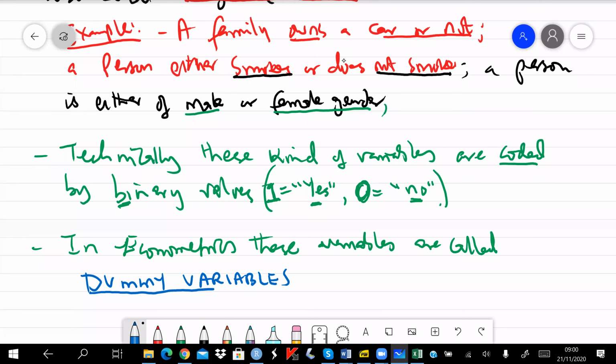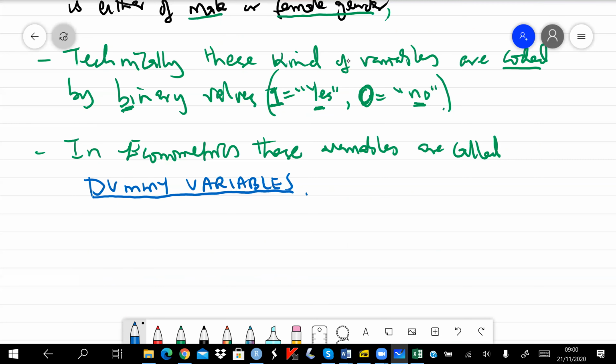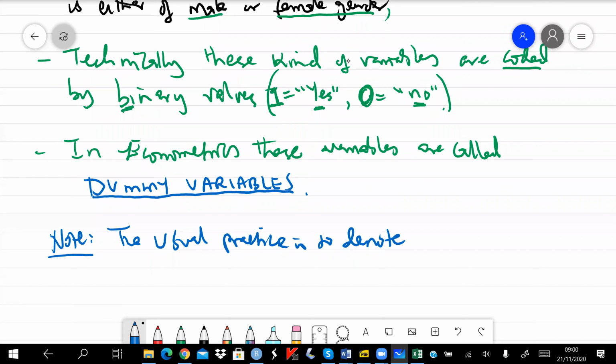They are called dummy variables. So we create what we call dummy variables. We note that the usual practice is to denote the dummy variable by the name of one of the categories.